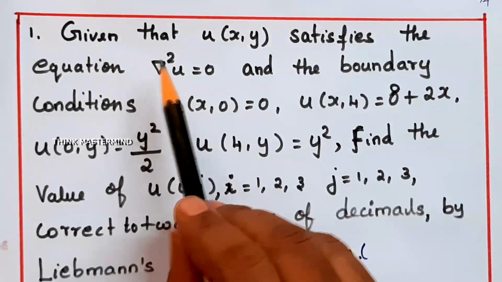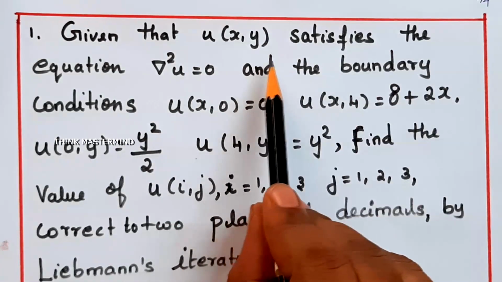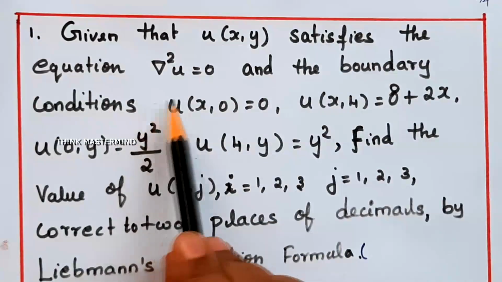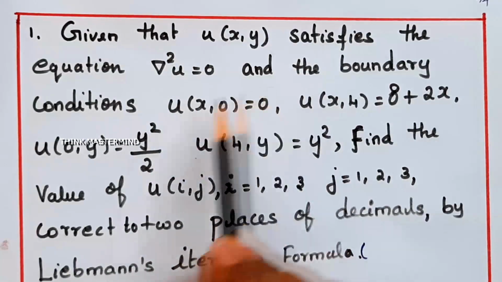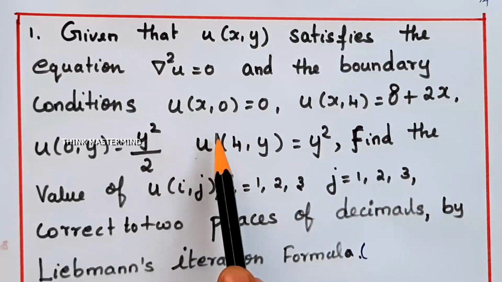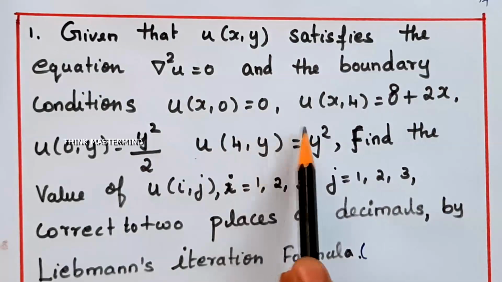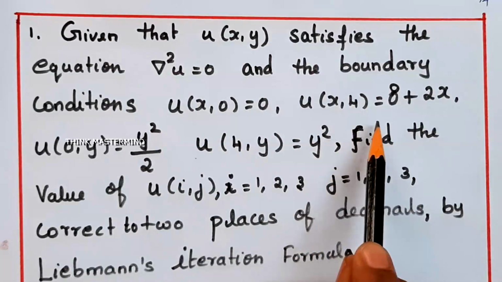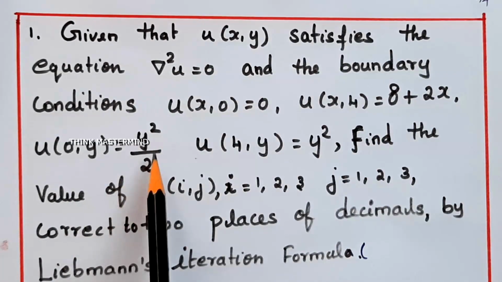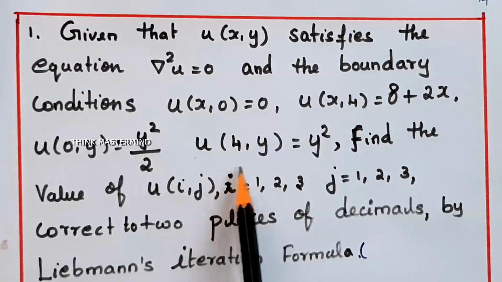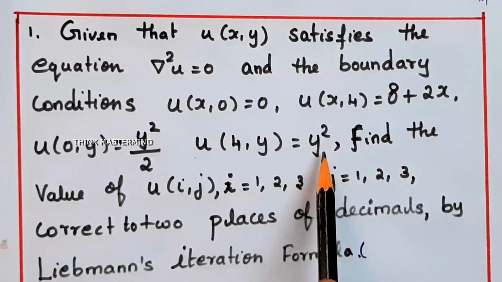Consider an example. Given that u of x comma y satisfies the equation del square u is equal to 0 and the boundary conditions u of x comma 0 is equal to 0, u of x comma 4 is equal to 8 plus 2x, u of 0 comma y is y square by 2, u of 4 comma y is equal to y square.